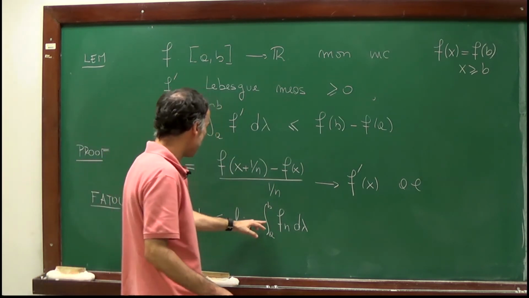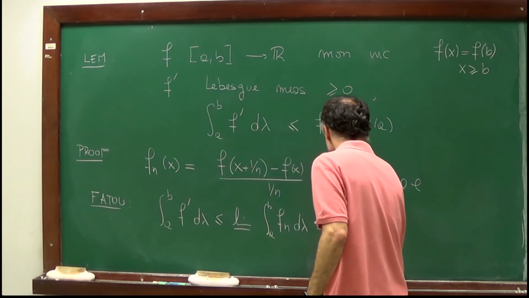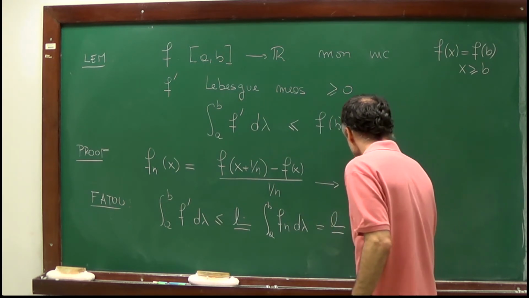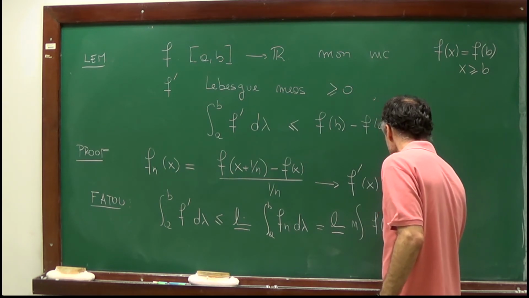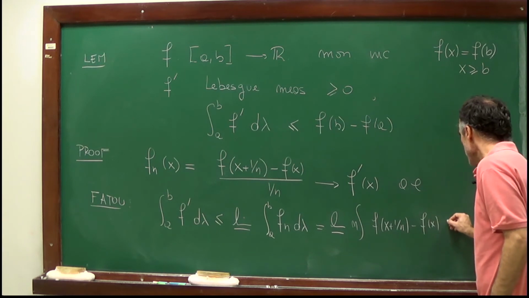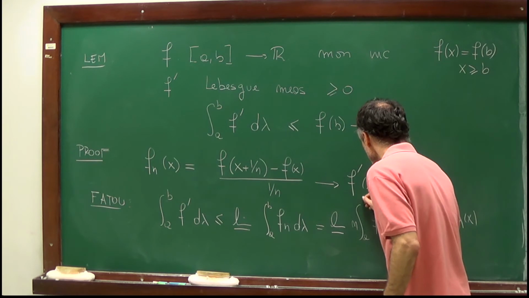Fine, so let's replace now f_n by its definition. So this is the limit inf of the integral of f_n, but f_n is n times f(x plus 1 over n) minus f(x), and here I'm integrating with respect to the Lebesgue measure from a to b.